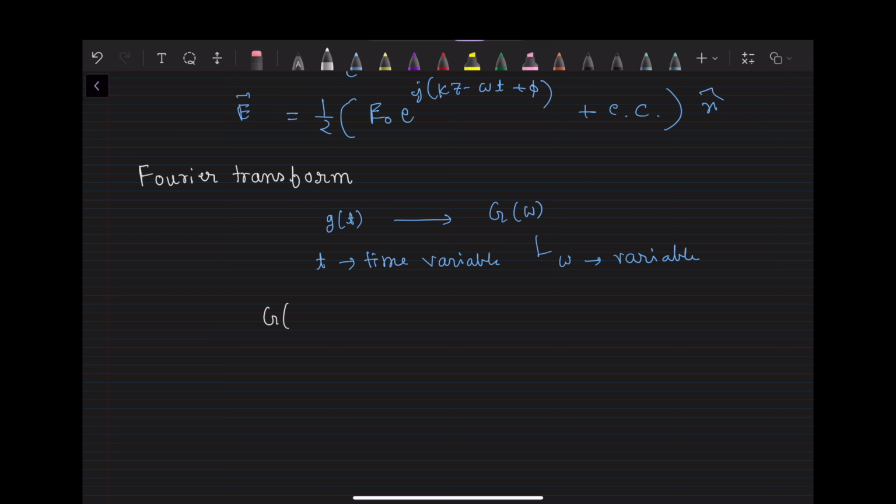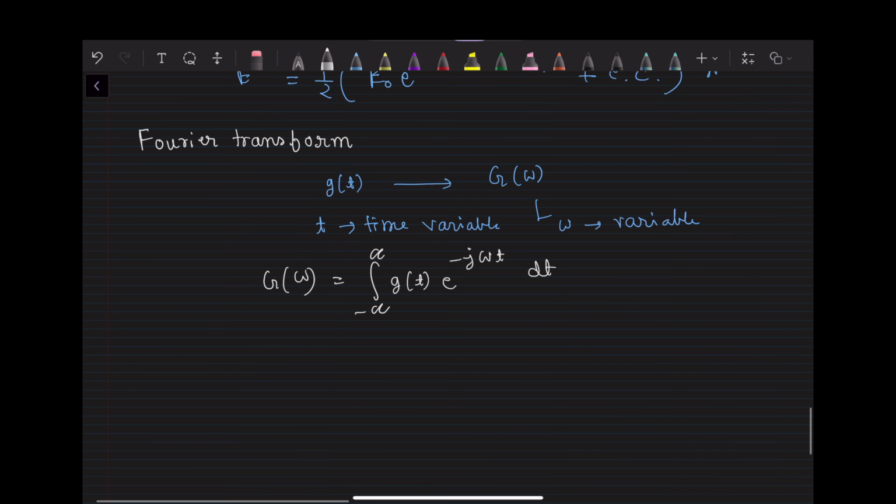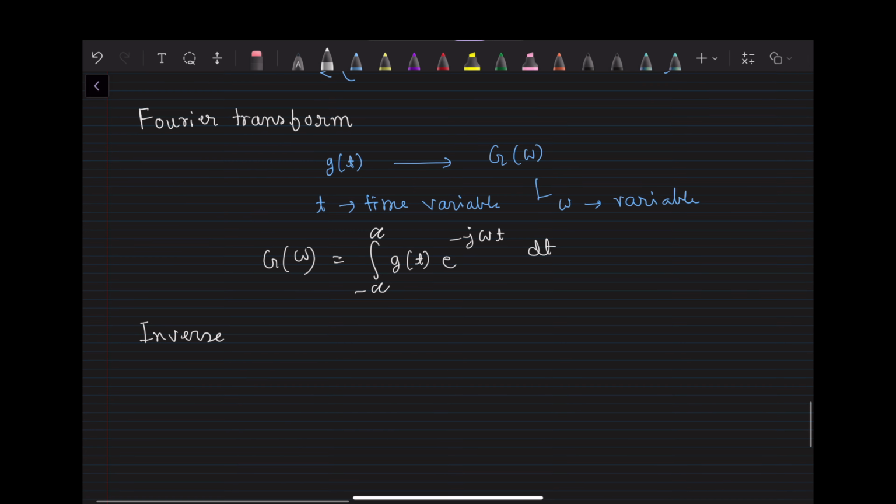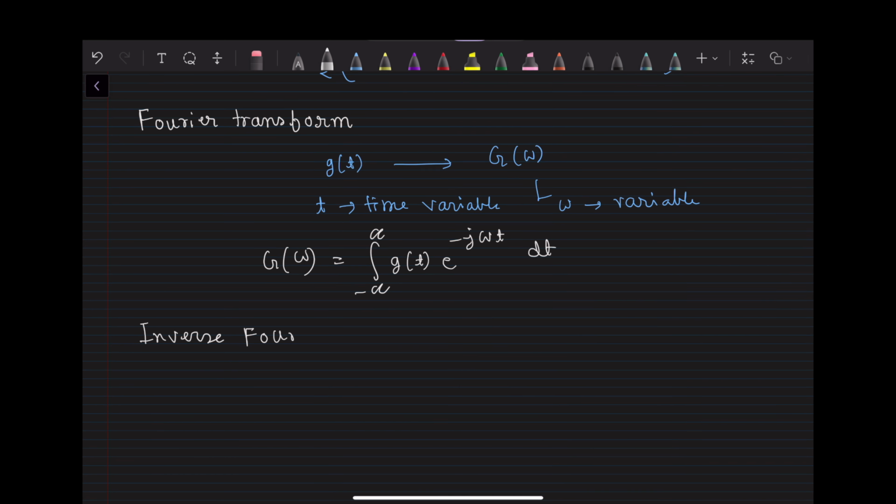So how we get this is we have this integration. So it's integrated with time, so we lose the time variable and get omega. Then again we need to come back to the original function from the Fourier transform function by something called inverse Fourier transform.